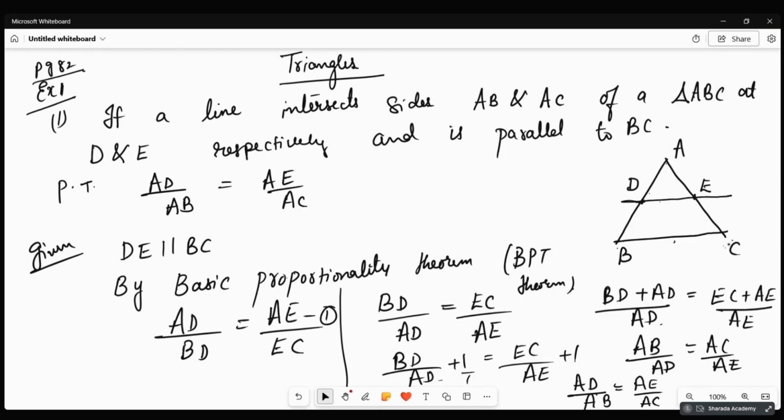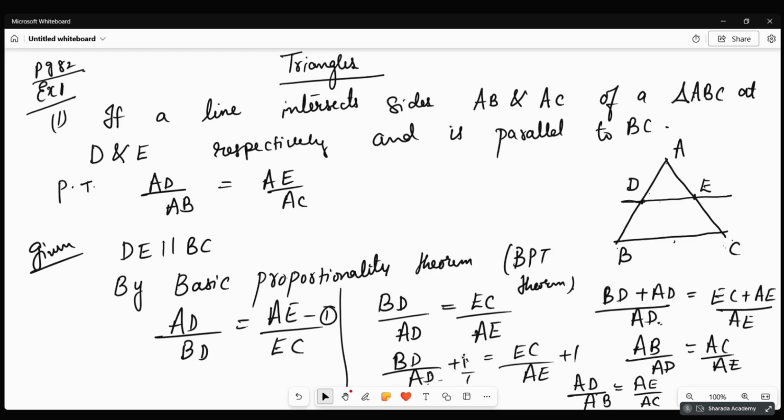So AD by BD is equal to AE by EC. Take the reciprocal. Now BD by AD is equal to EC by AE. When I add 1 on both sides, I take the LCM for AD and 1, which will be AD here. AD by AD is 1, so BD you write as it is. AD by 1 is AD, so you have to add AD here.